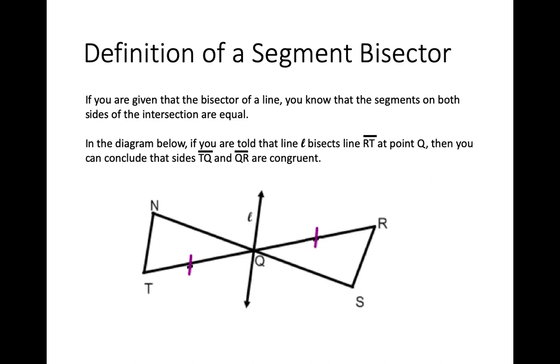Once again, you can also see that the opposite angles NQT and RQS are congruent. But the main message of this technique is that if you have a segment bisector, the line that is bisected is broken into two congruent halves.